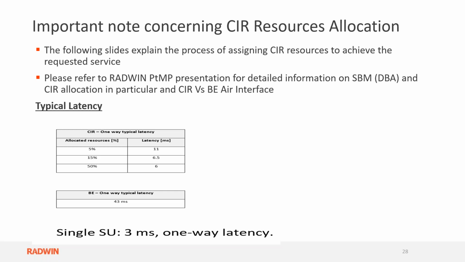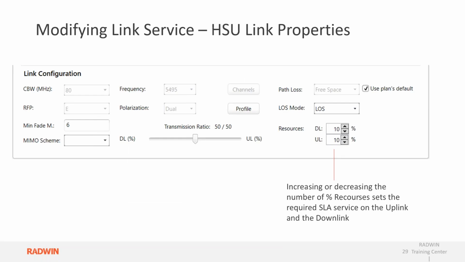If you have a higher latency, then it's probably because of a high subscription number more than you are planning, and your calculation is misleading, or it is a physical problem in your network that needs to be checked. So increasing or decreasing the number of resources sets the required SLA services on the uplink and the downlink.